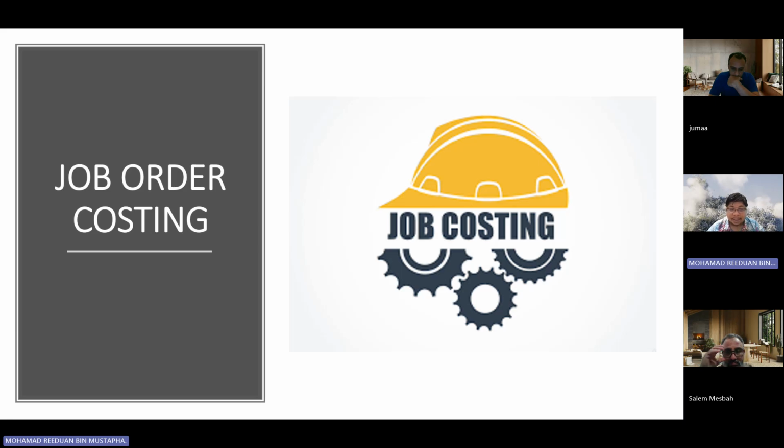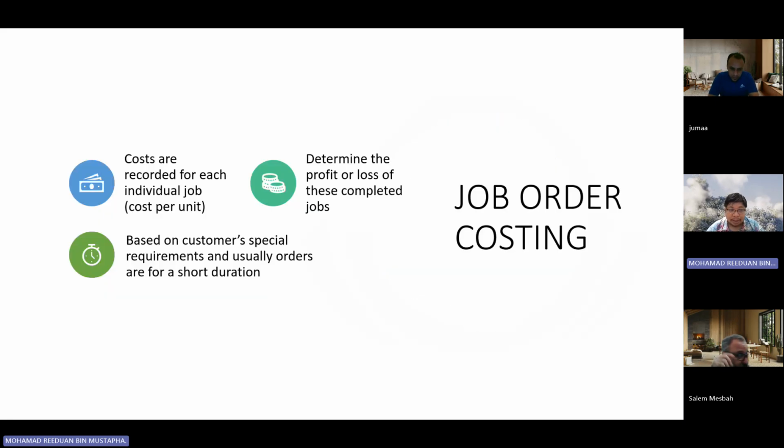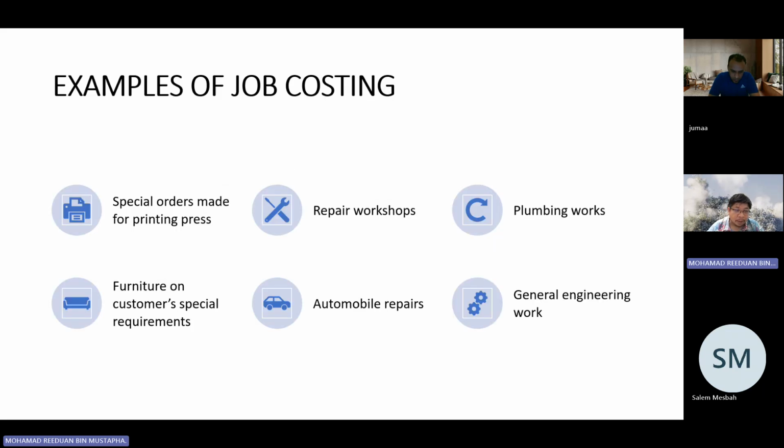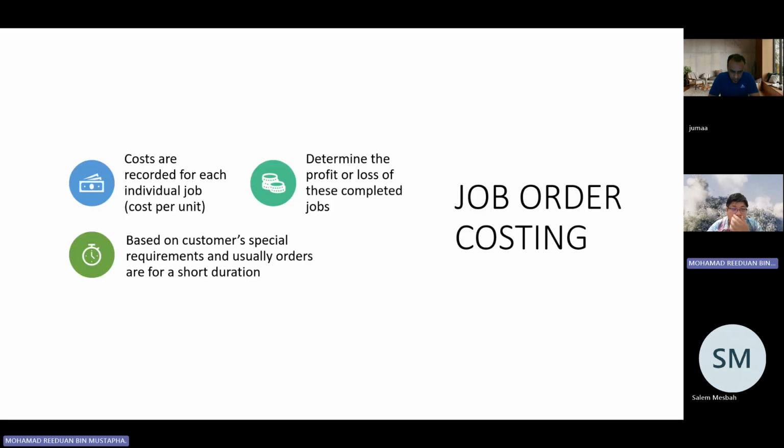Looking at the nature of your business, your work is normally based on orders. In job order costing, the costs are recorded for each individual job, which means a cost per unit.